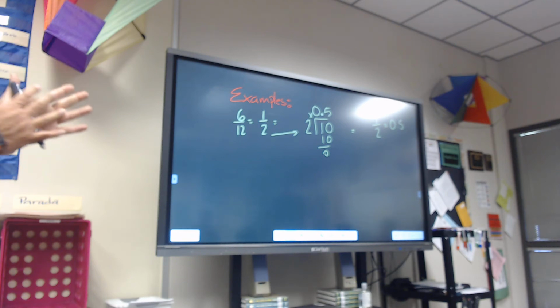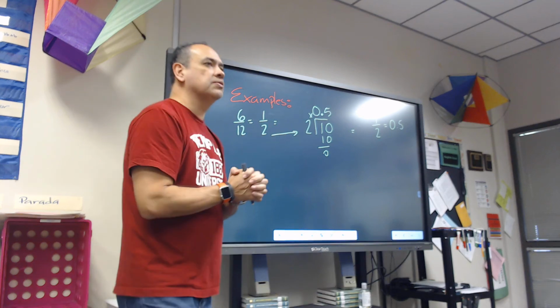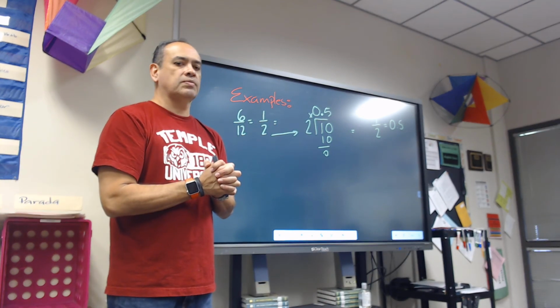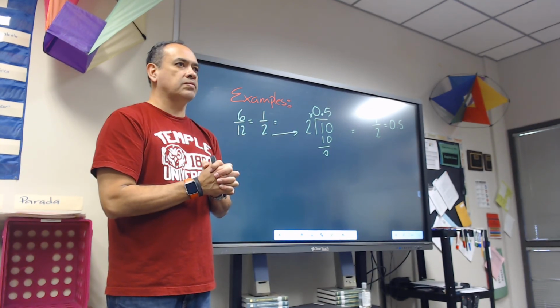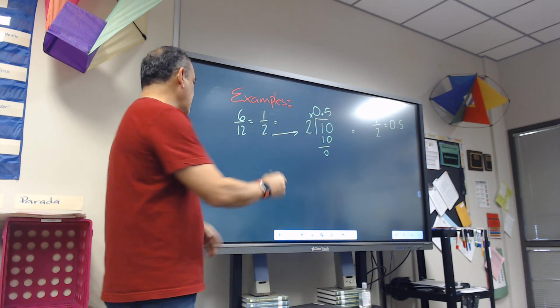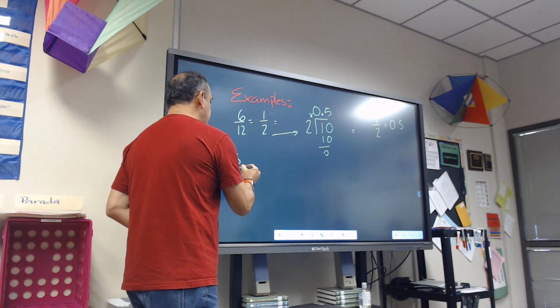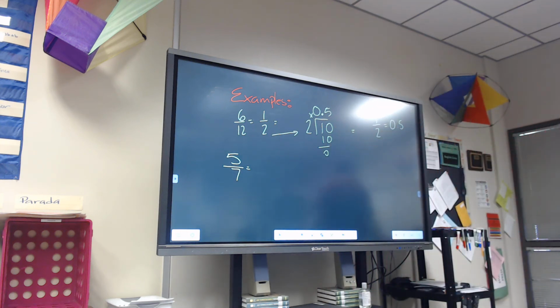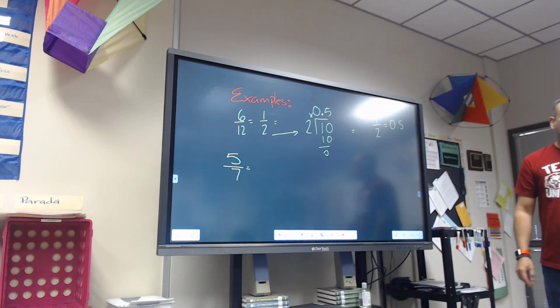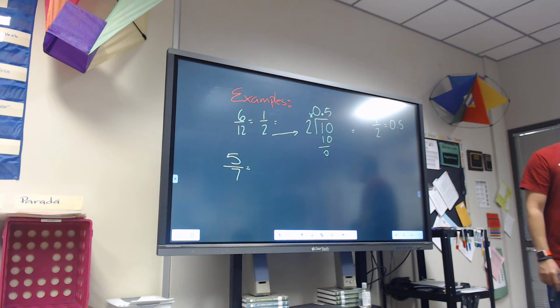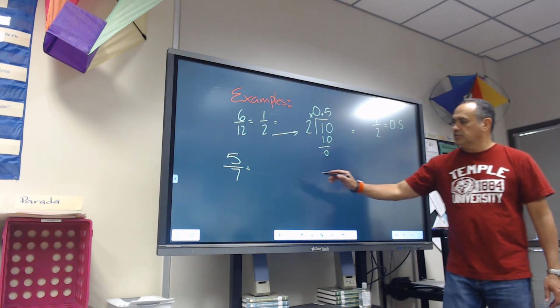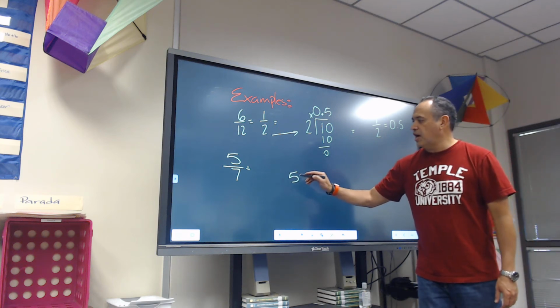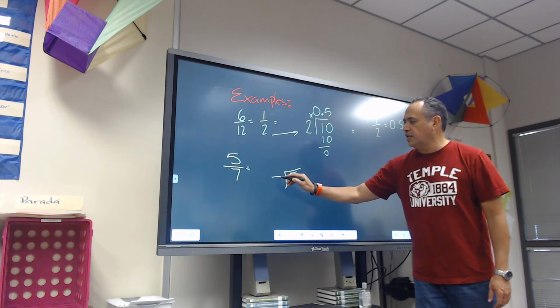Kevin, give me another proper fraction. 5/7. That sounds great. 5/7. All right. So our first step is to divide the numerator by the denominator, which is going to be 5 divided by 7, right?